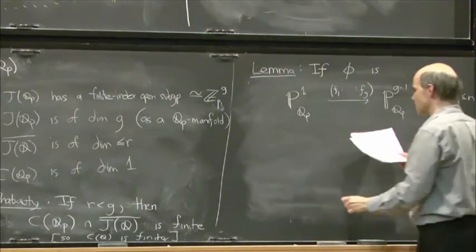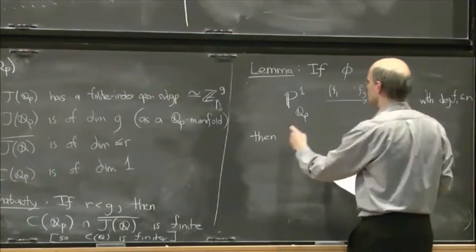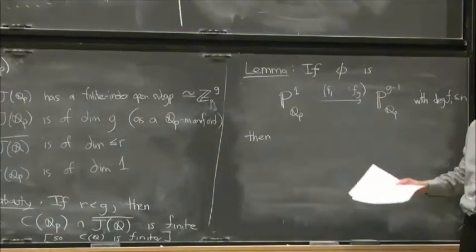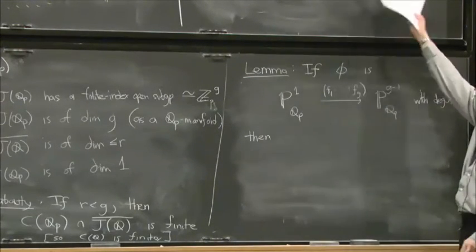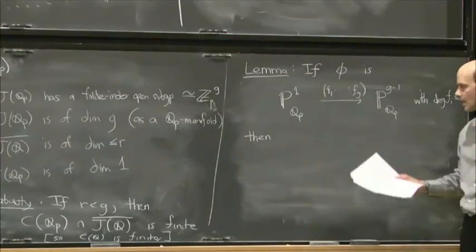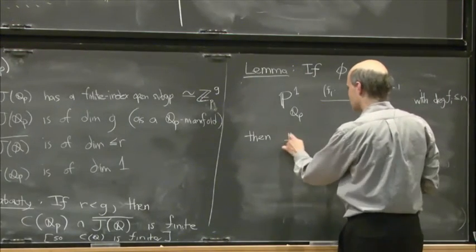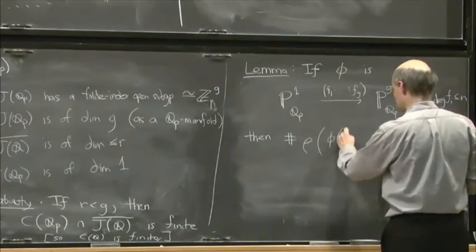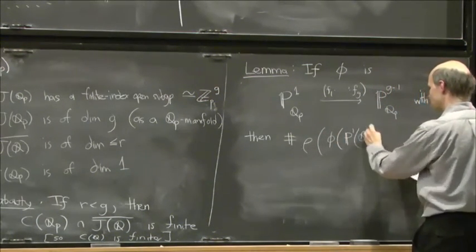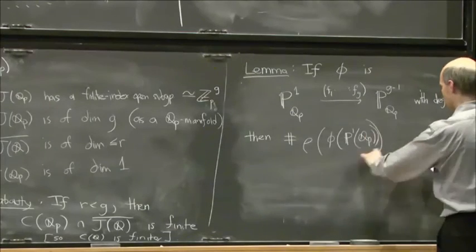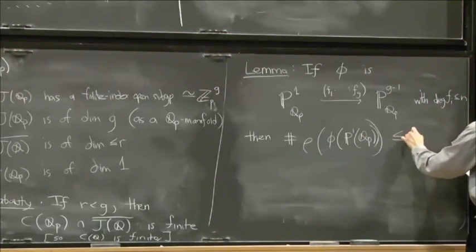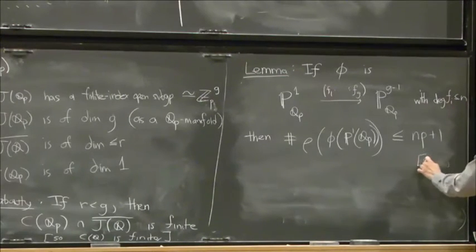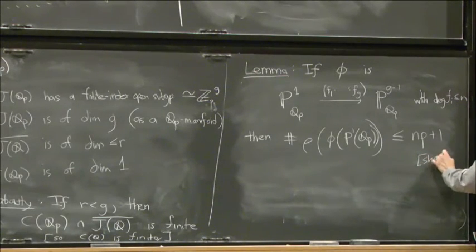We need to know how much of the sky they fill up. How much can a copy of P1 under this polynomial map fill up? The answer is that if you take the p-adic points, this thing is at most np plus 1. And in fact this bound is sharp.